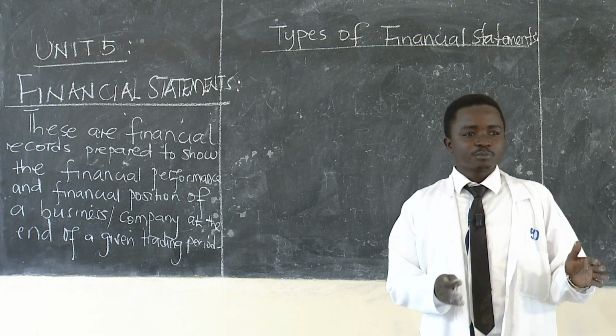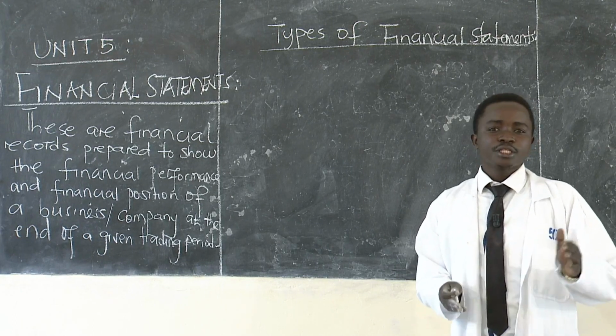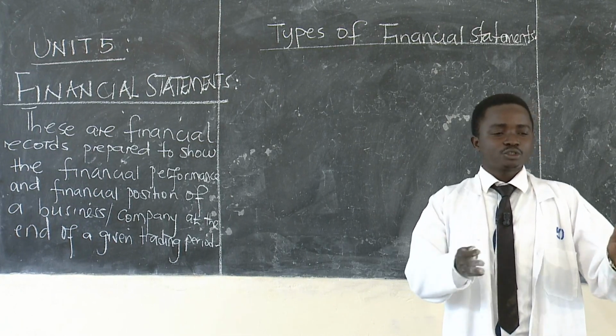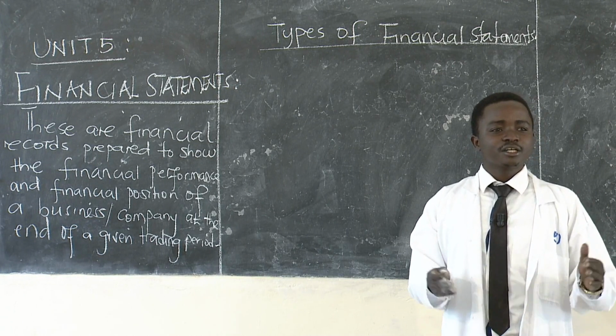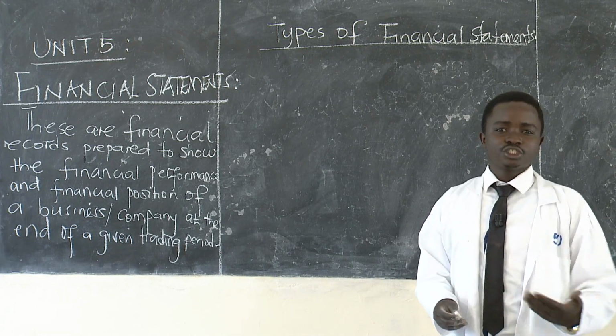Especially, they are always prepared at the end of the year to help you know the financial performance and the financial position of your business. And therefore, you can base on them and make some financial decisions.